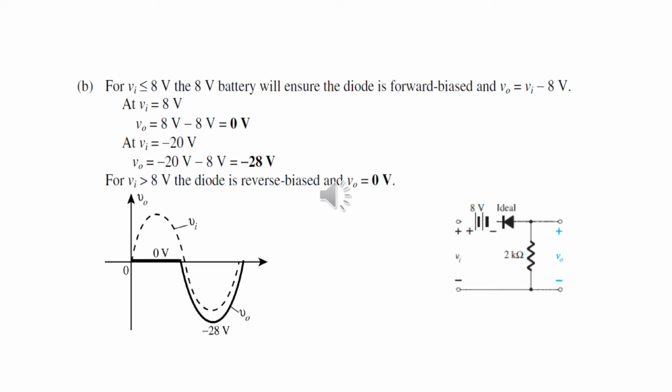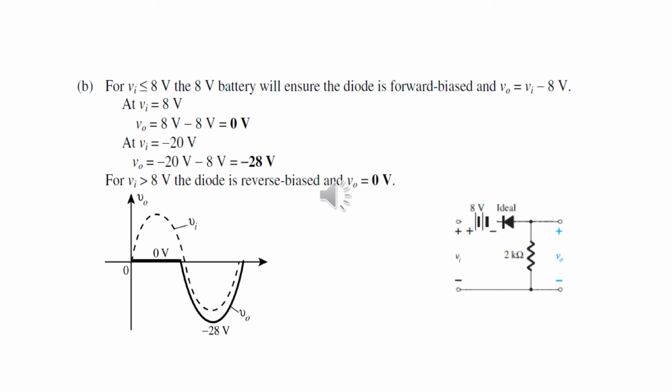So the diode is already forward biased by 8 volts. You can see that the positive of the diode is held at 8 volts. So as soon as the voltage is less than 8 volts during the negative peak of the input voltage, the diode will be conducting.